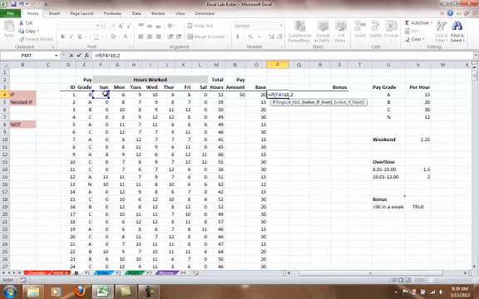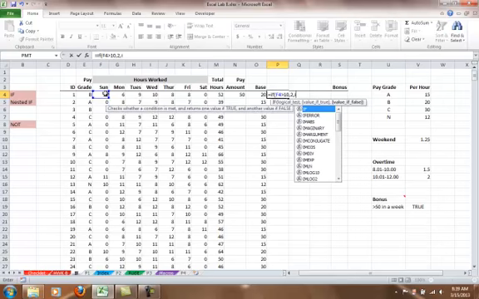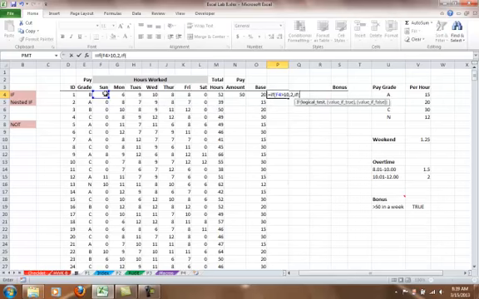If that's not true, then we want to tell it what to do next. So we have a comma. And the thing we want to do next is check to see if they worked more than 8 hours. So to do that, we'd have to have another IF here. And we could check the hours again. If it's greater than 8, then they're going to get a new multiplier, right? Well, we know it's not bigger than 10, or we'd never get this far in the formula.